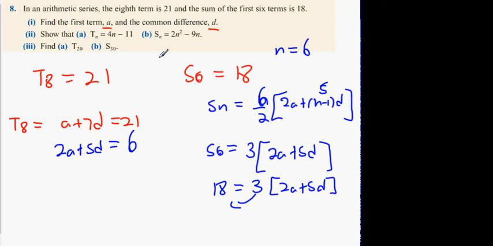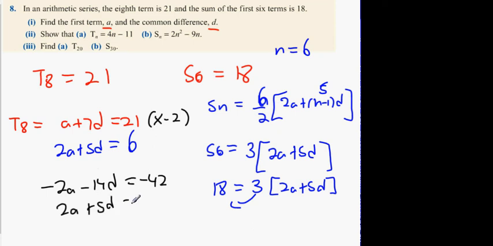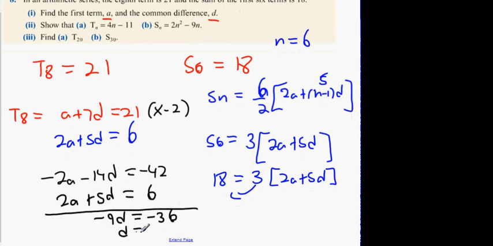We have a simultaneous equation. We're going to multiply the top one by minus 2, and we get minus 2a minus 14d equals minus 42. We have 2a plus 5d equals 6. Then what we're going to get is minus 9d equals minus 36. d equals 4. Now if d equals 4, we have to figure out what a is.